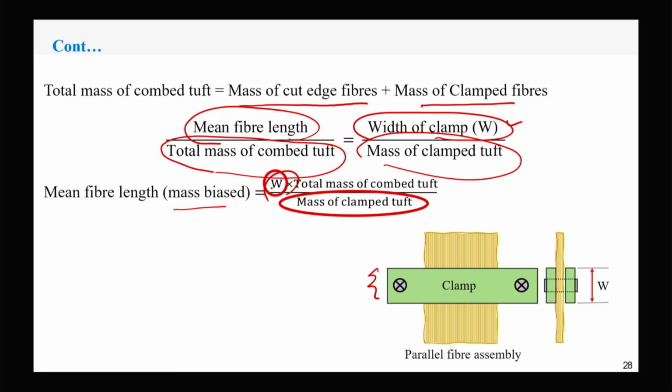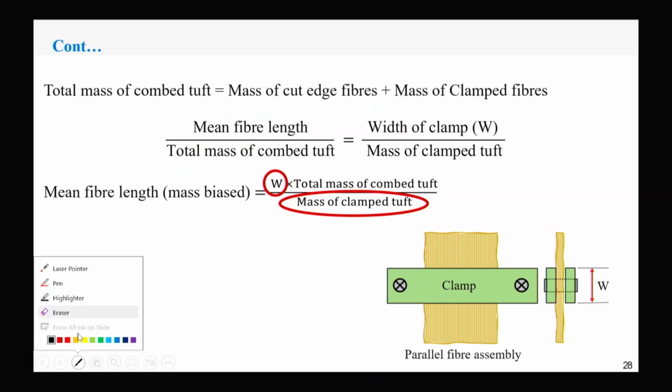So the width of the clamp by the mass of the clamped tuft actually eliminates the effect of the density of the fiber.